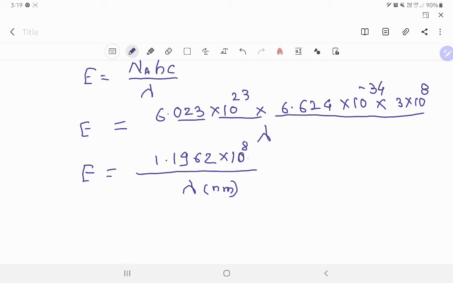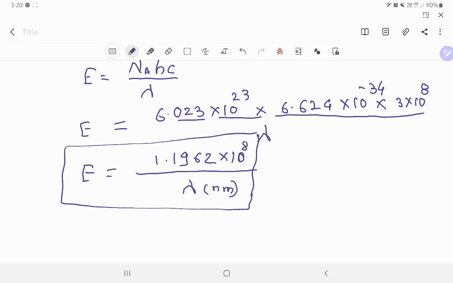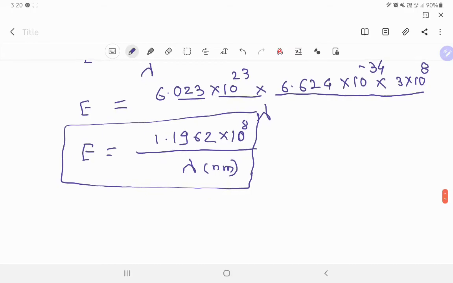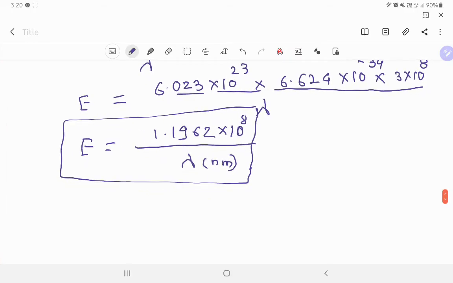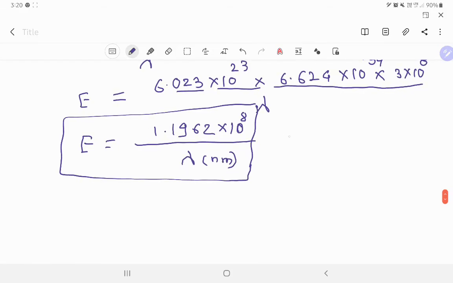If lambda is given in nanometer, we have to take lambda in nanometer. E is equal to 1.1962 into 10 raised to 8 upon lambda. Lambda should be taken in nanometer. The unit will be joule per mole, and for joule per molecule, you have to remove Avogadro's number.